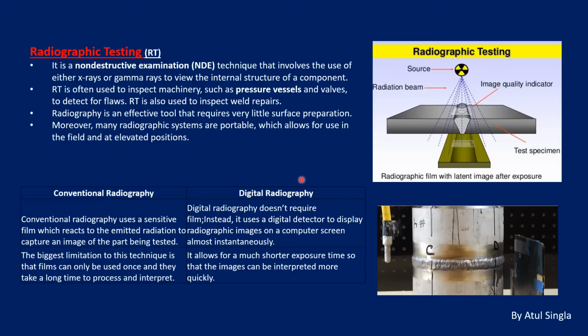There is a radiography source and a film type arrangement, and this is the surface where radiography is performed. So this is how we can perform testing and detect the flaws, right? Especially for weld repairs. So this is how radiography is performed in the process industry.